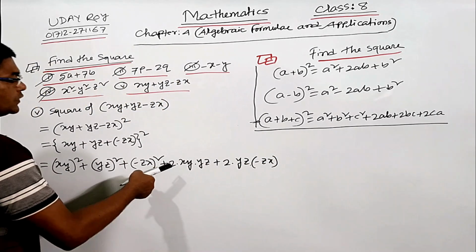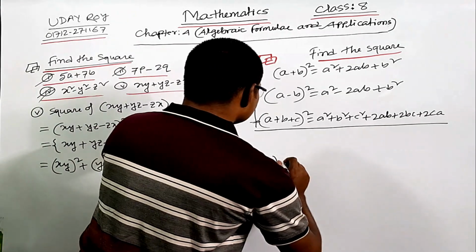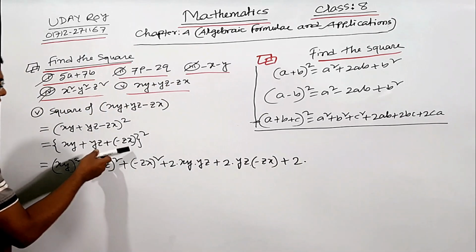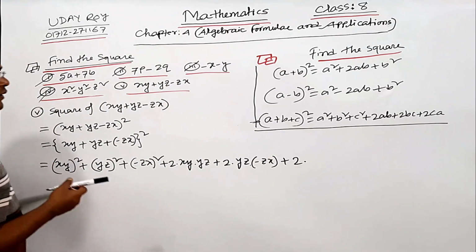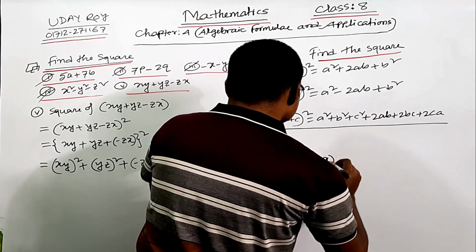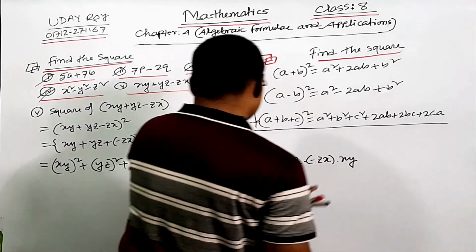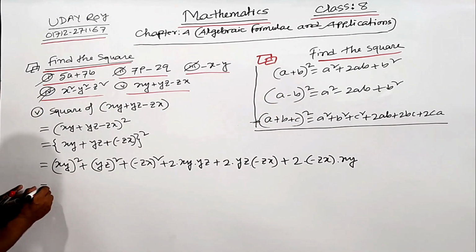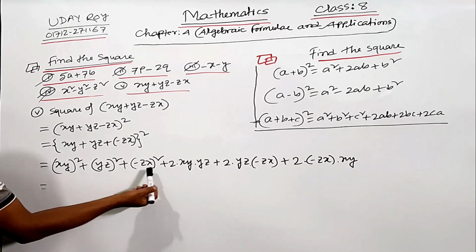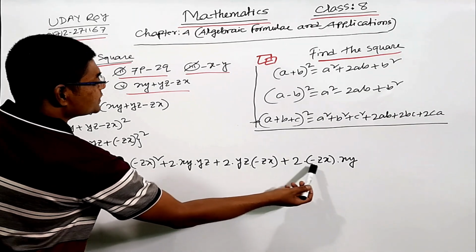We have 2ab plus 2bc plus 2ca. So this is c position, this is a position, 2ca: minus zx and a position is xy. So we have a square plus b square plus c square, 2ab plus 2bc plus 2ca.